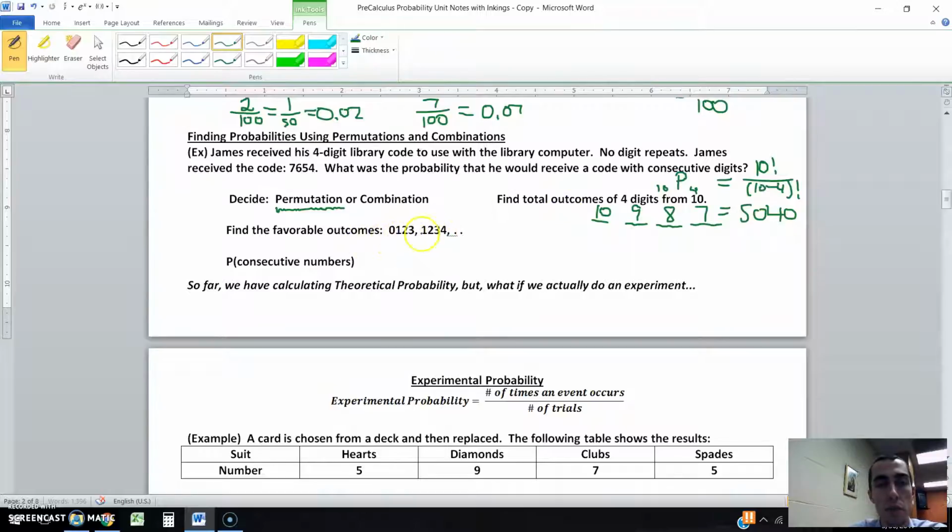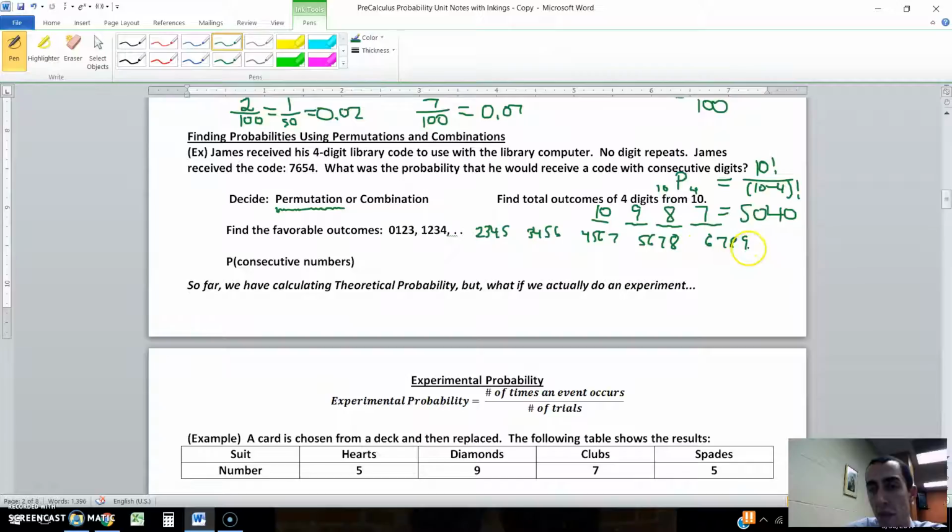So the number of favorable outcomes would be, well, let's list them out. 0, 1, 2, 3, 1, 2, 3, 4. We've got 2, 3, 4, 5, 3, 4, 5, 6, 4, 5, 6, 7, 5, 6, 7, 8, 6, 7, 8, 9. And that's the last one for ascending numbers.